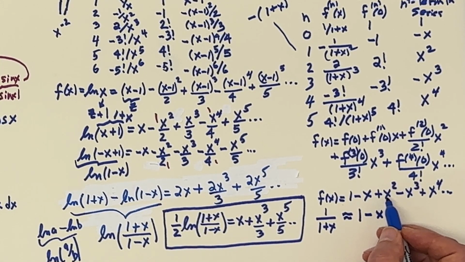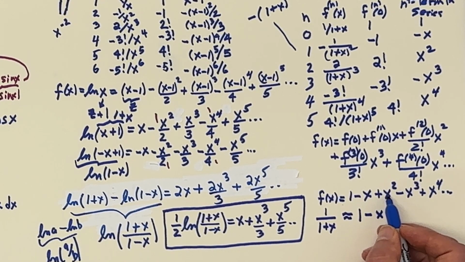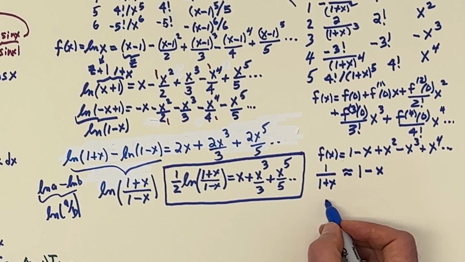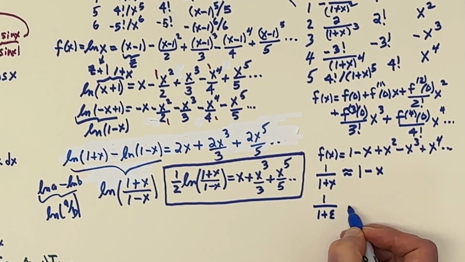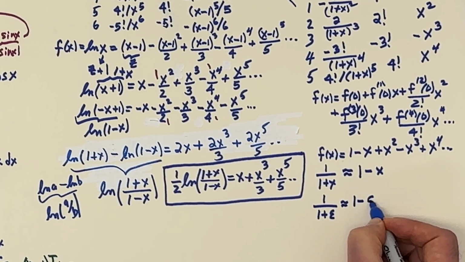That's like 1 over 10,000, all right? Even if x is 1 over 10, this is 1 over 10 squared, it's 1 over 100. So this approximation is often used in physics. In fact, when you see it, you might often see it like 1 over 1 plus epsilon, a small quantity, is approximately 1 minus epsilon.